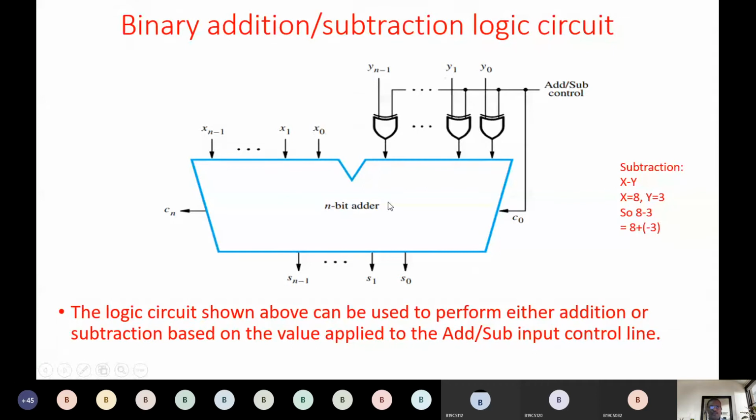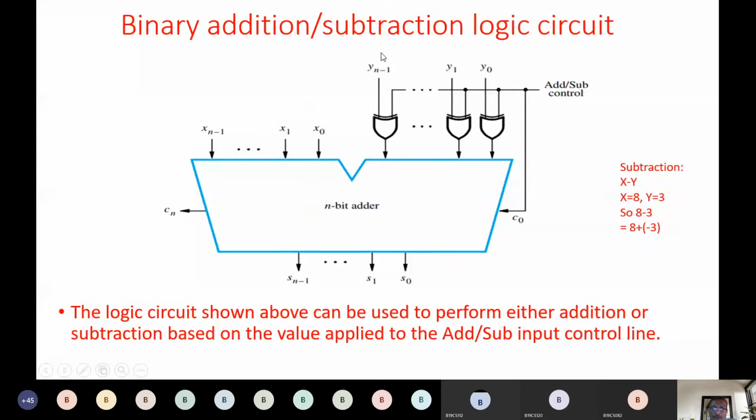If we need to add 4-bit binary numbers, we will have 4 full adders inside this box. If we need to add 5-bit numbers, it will have 5 full adders. Remember, we have x here and y here. For addition, x is given as the input as it is, and y is given as it is.